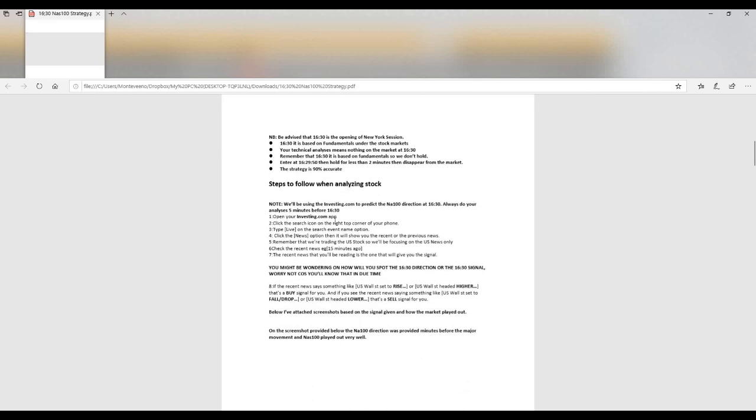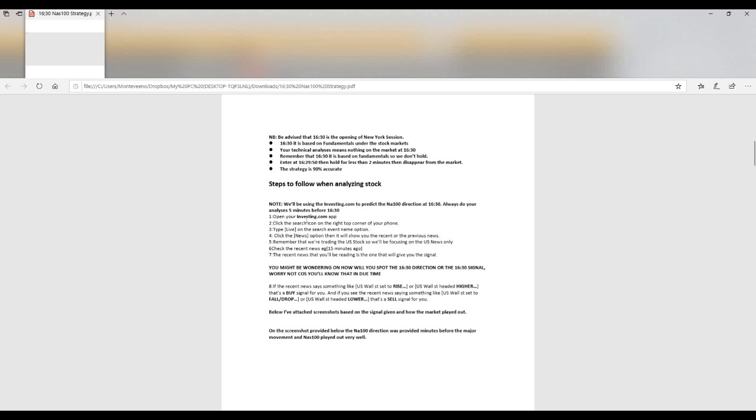Okay, so steps to follow when analyzing the stock. Note, we'll be using investing.com to predict the NAS 100 direction at 4:30. Always do your analysis 5 minutes before 4:30. So 5 minutes before the event happens, you need to be available so that you can actually trade this and get the proper direction before then.